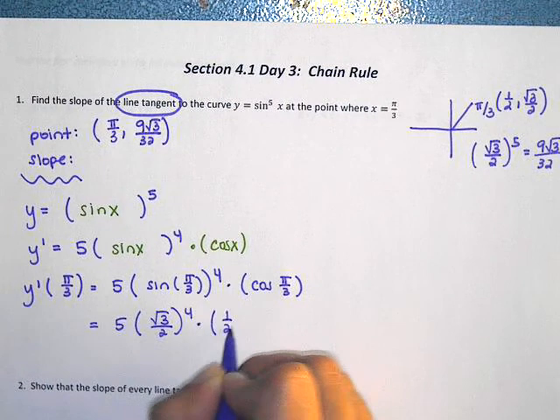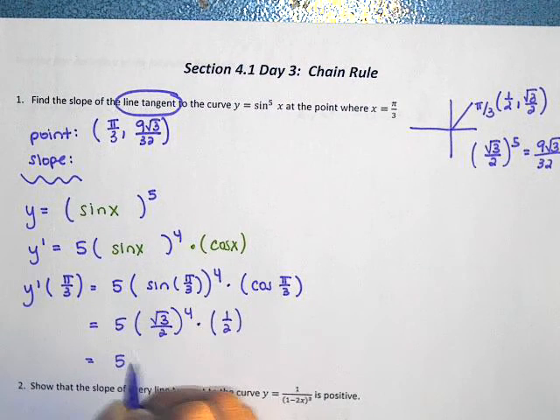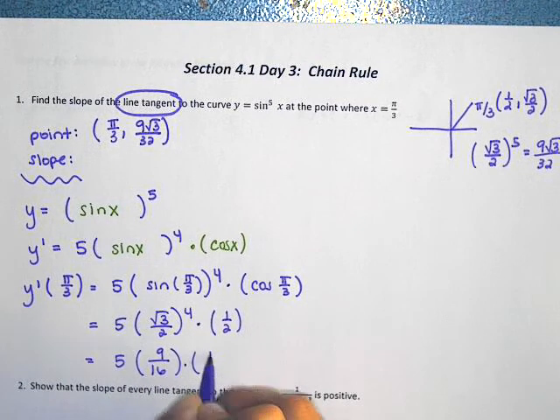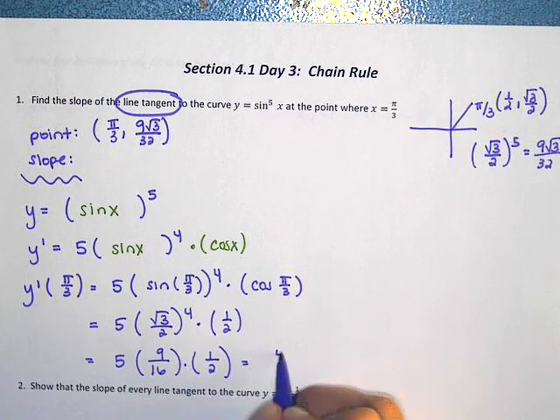Cosine was 1/2. The square root of 3 over 2 to the 4th power would be 9 over 16 times 1/2, which gives me, let's see here, 45 over 32.